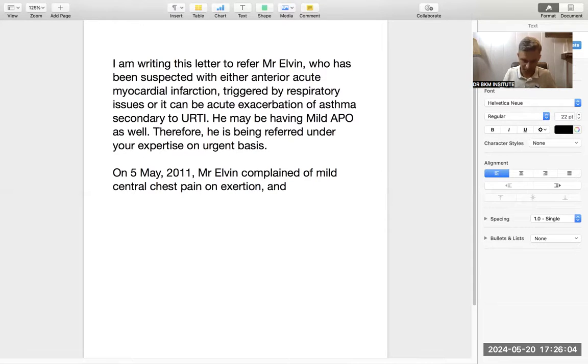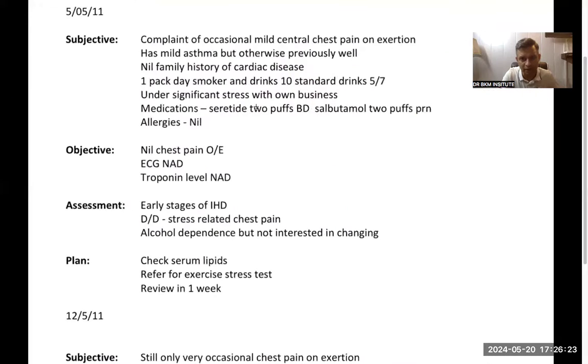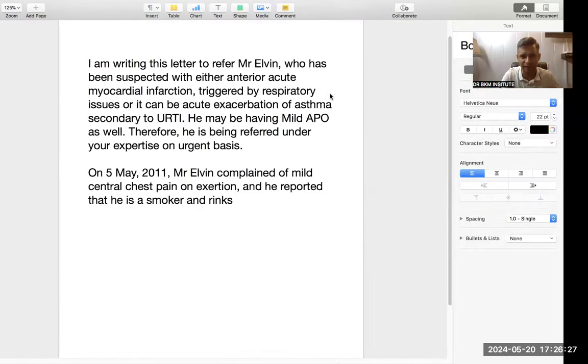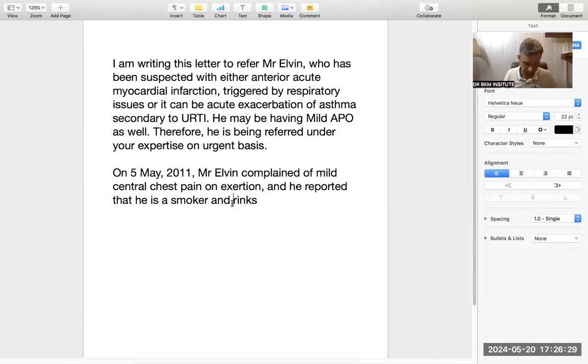And he reported, this is the best word you can write when you want to mix social history or medical history or visit. So we are mixing visit, and he reported that he is a smoker and drinks 10 standard drinks 5 times a week.